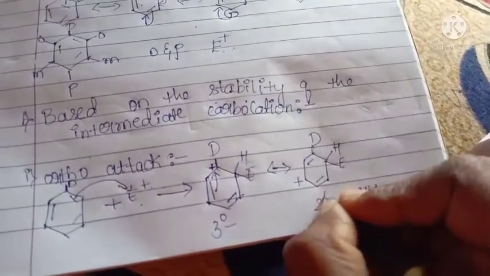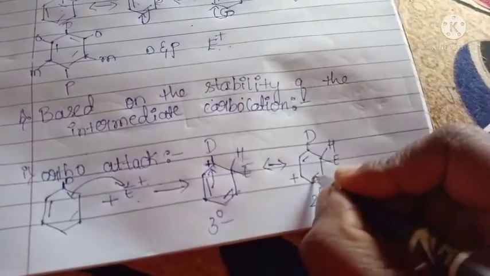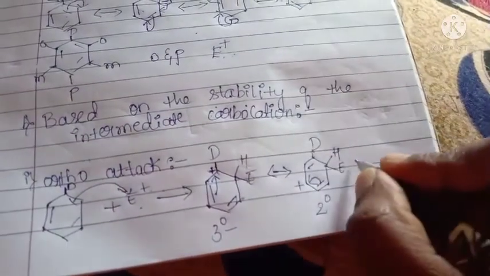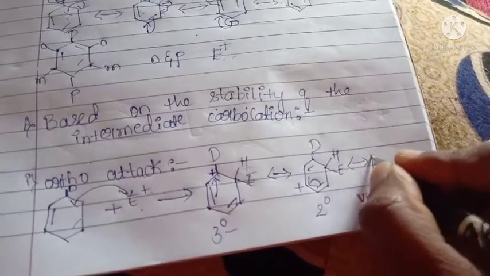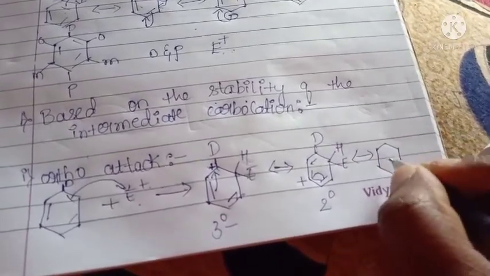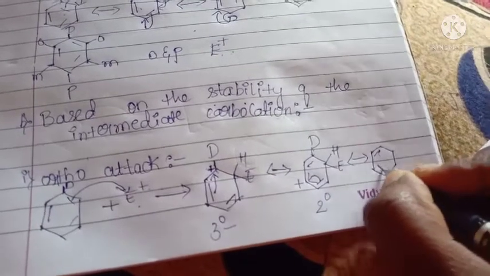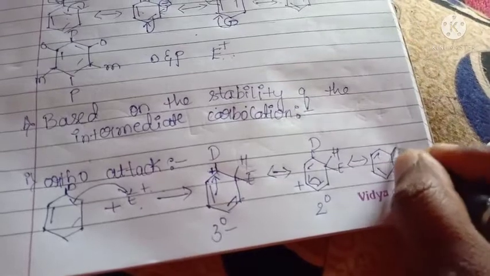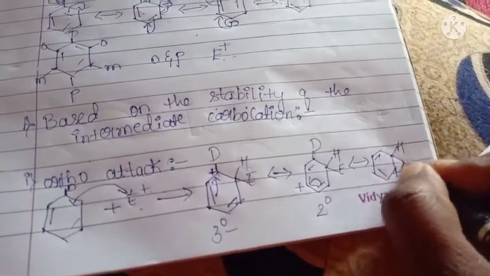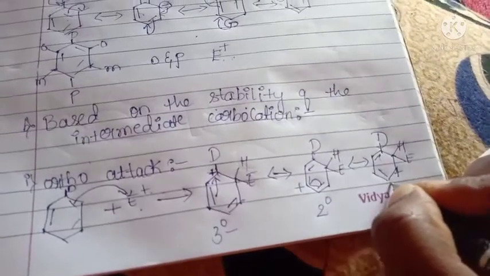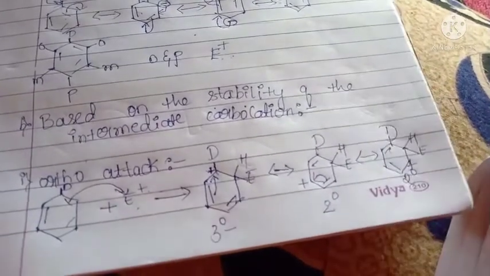This is secondary carbocation. Again you can donate the bond here. It gives the resonating structure; how to write the resonating structure, I explained in the last classes. This will get the positive charge, H, E. This is D. This is secondary carbocation.